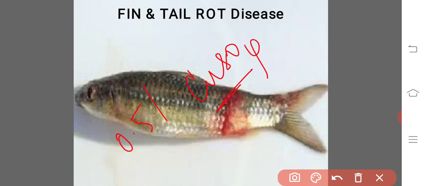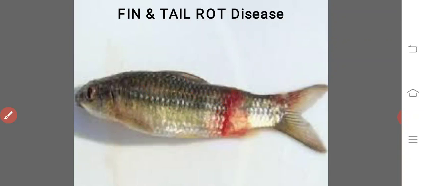Otherwise, we may also use 10 to 50 ppm of tetramycin or 1 to 2 ppm of benzalkonium chloride. In severe infections, the affected parts are surgically removed and the fishes are then kept in 0.04% potassium dichromate. Thereby, we will cure the fin and tail rot disease.